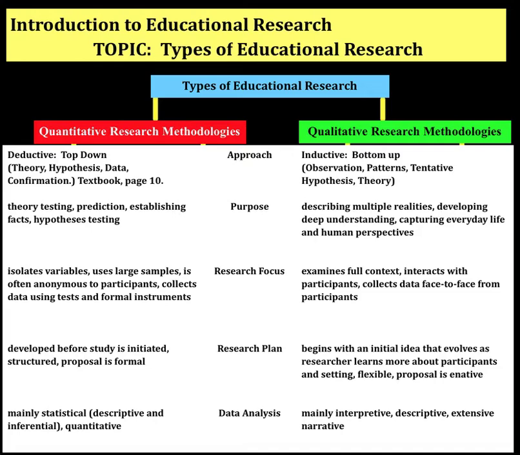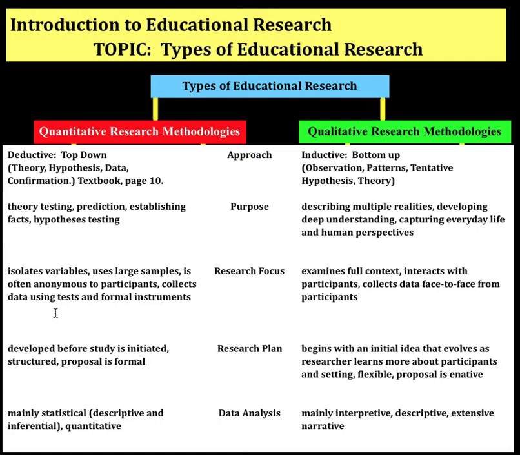The other thing about quantitative methods is that they are designed for theory testing. They're designed to predict and establish facts and test hypotheses. The focus of their research methodology is to isolate variables and control as many factors as you can. If you can, use large samples.